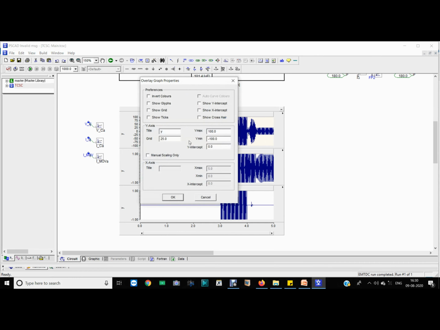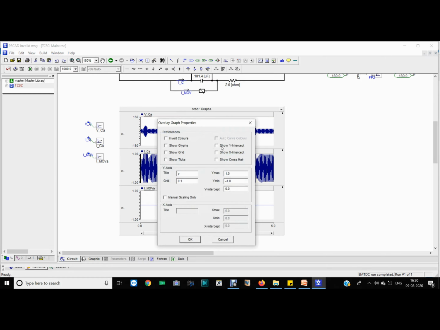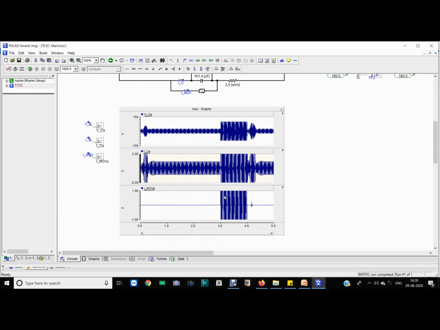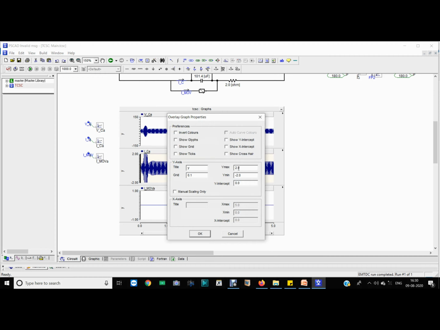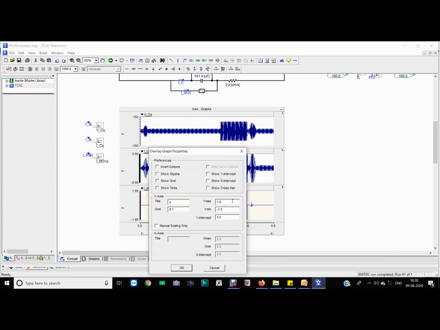Okay, take 150 for better visibility. Set it to 5 minus 5, and take here 5 minus 5.